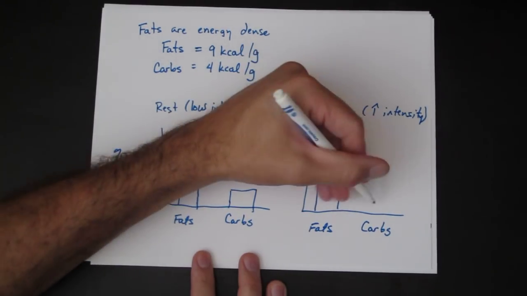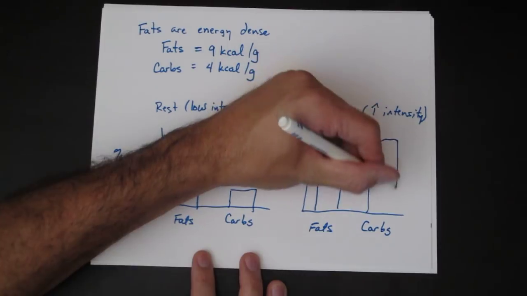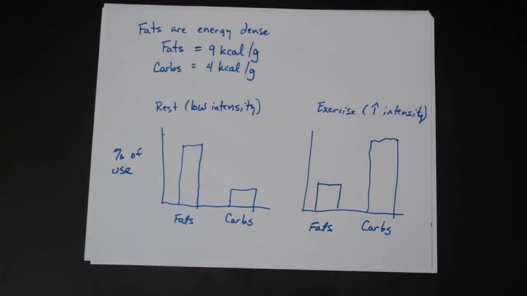We rely less on fats and more on carbohydrates to fuel our exercise as we start to exercise more intensely. So there's a pretty significant difference in the way that we utilize fuels at rest versus exercise. And again, the paper that we are going to be reading by Raul Suarez has a lot to say about this.